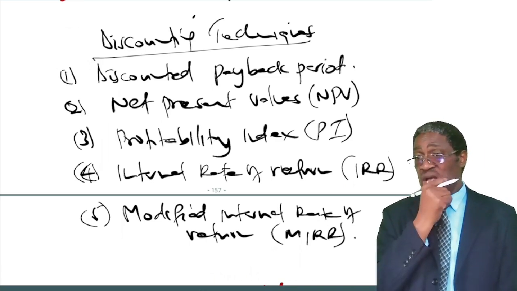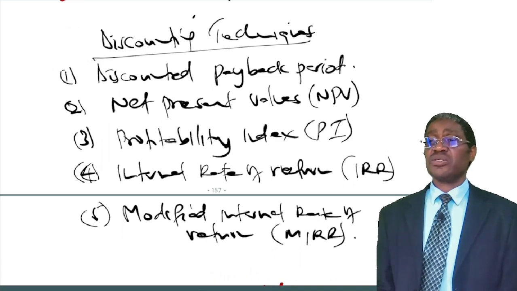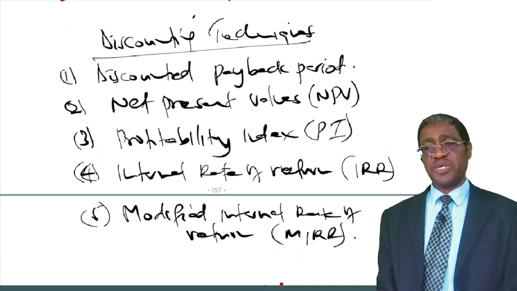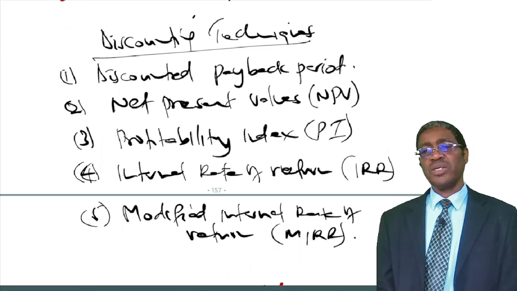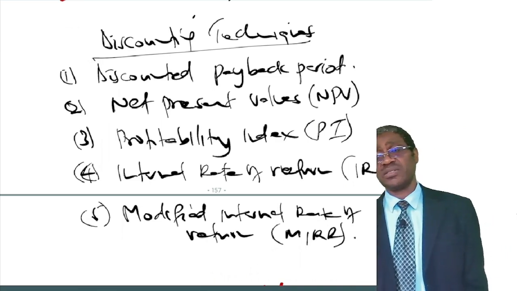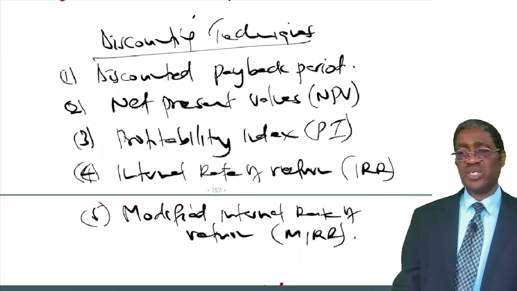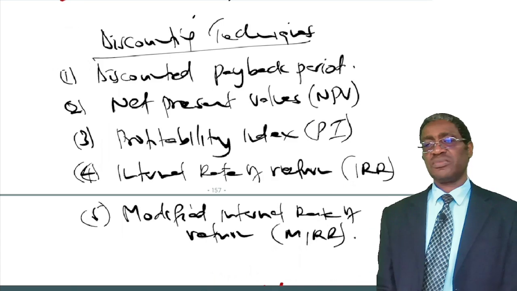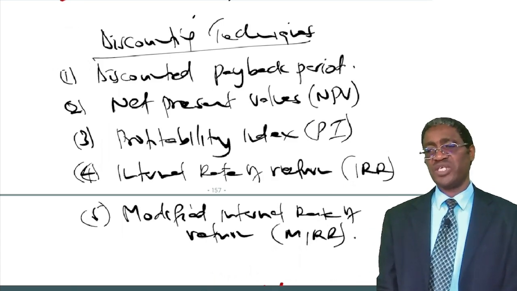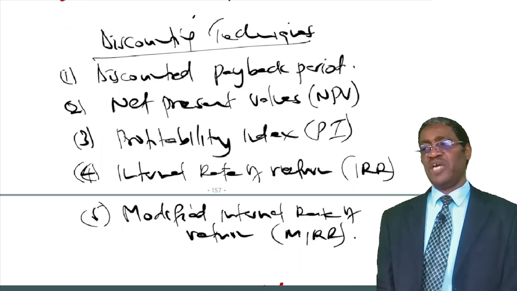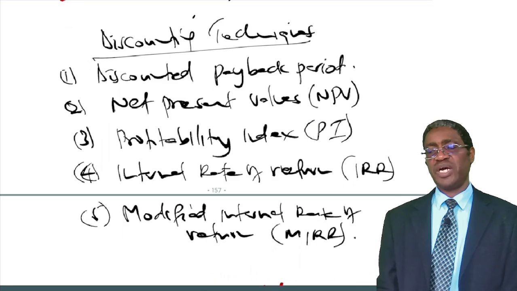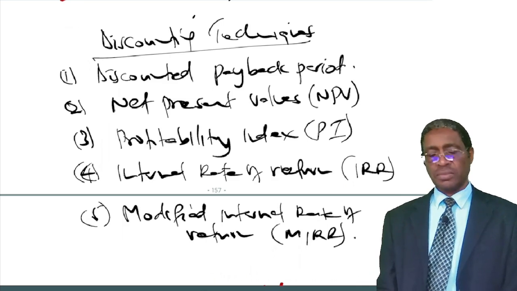Number three, profitability index, PI. Number four, internal rate of return, IRR. And number five, modified internal rate of return, in bracket MIRR.